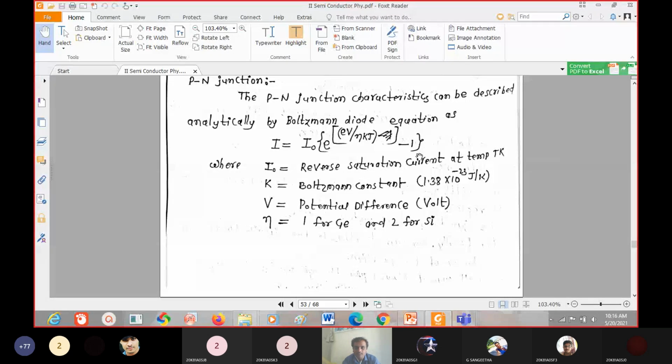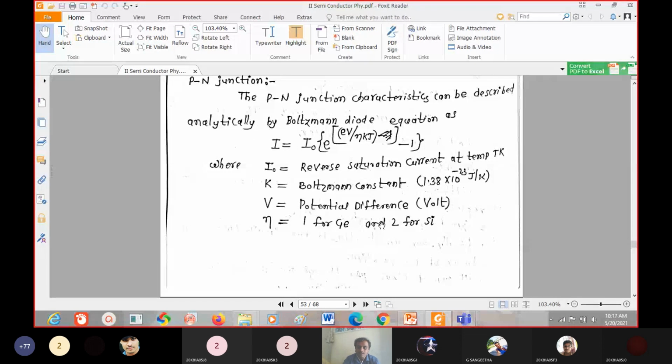It gives how much current is passing through the diode. Here I naught is the reverse saturation current. V is the applied voltage, or the potential drop across the diode. Simply, whatever voltage we apply is V. In eta kT, k is the Boltzmann constant and T is the temperature.